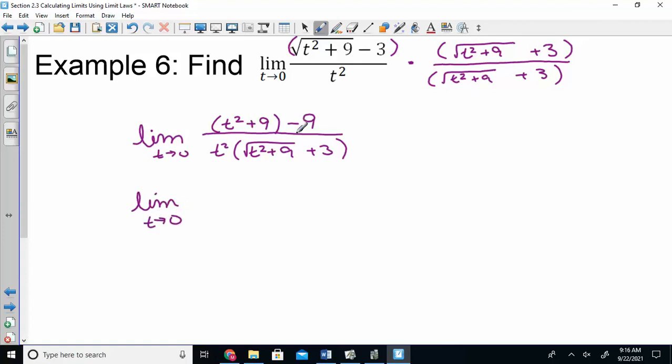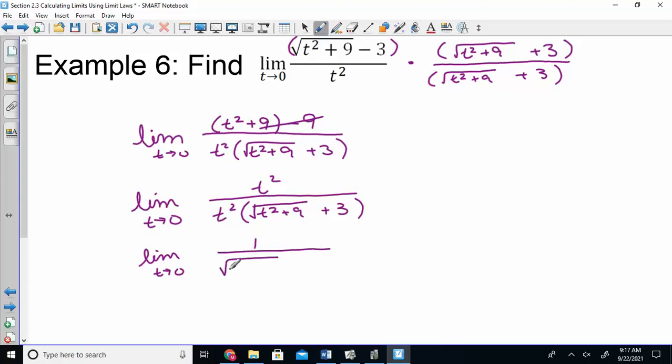So t squared plus 9 and minus 9, those 9's would cancel. And then what happens? T squareds cancel, so that just leaves us with a 1 on top. Square root of t squared plus 9 plus 3.